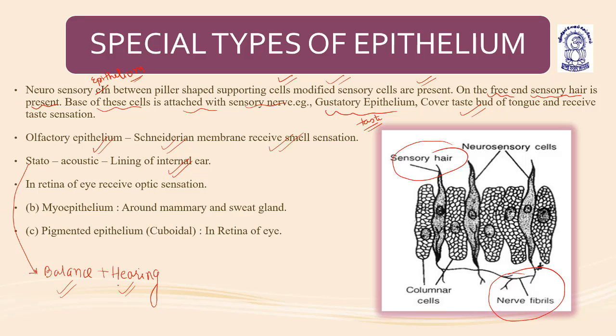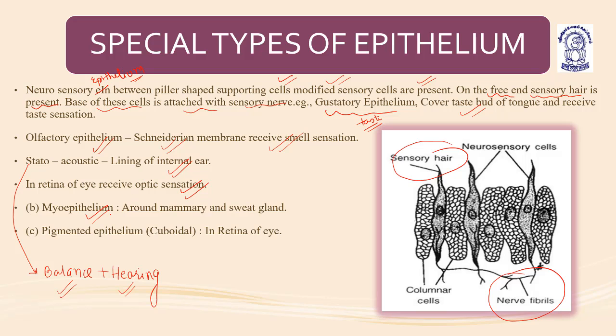During any trauma or accident, when a person hits some other object or surface very impactfully, the body equilibrium gets disturbed and he or she faints. That is because of the disbalance in the statoacoustic sensations. In the retina of the eye, the neurosensory epithelium receives optic sensation.